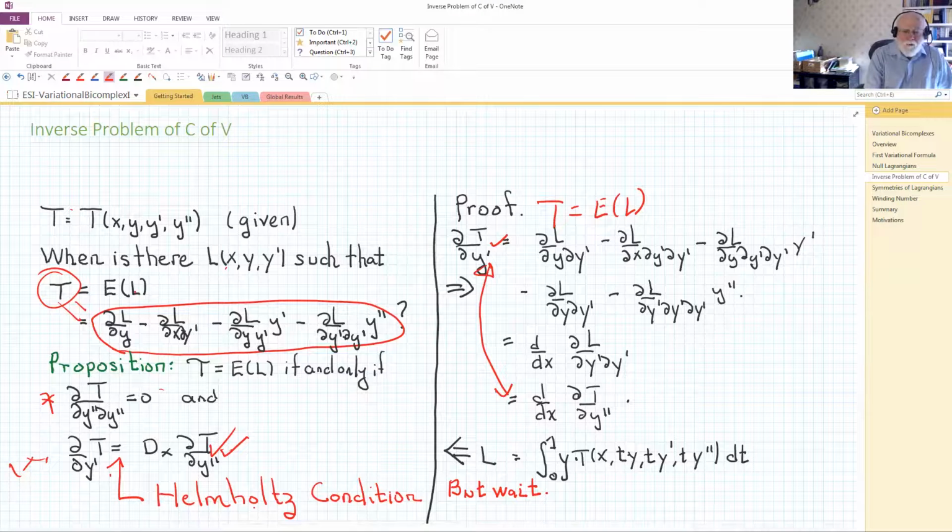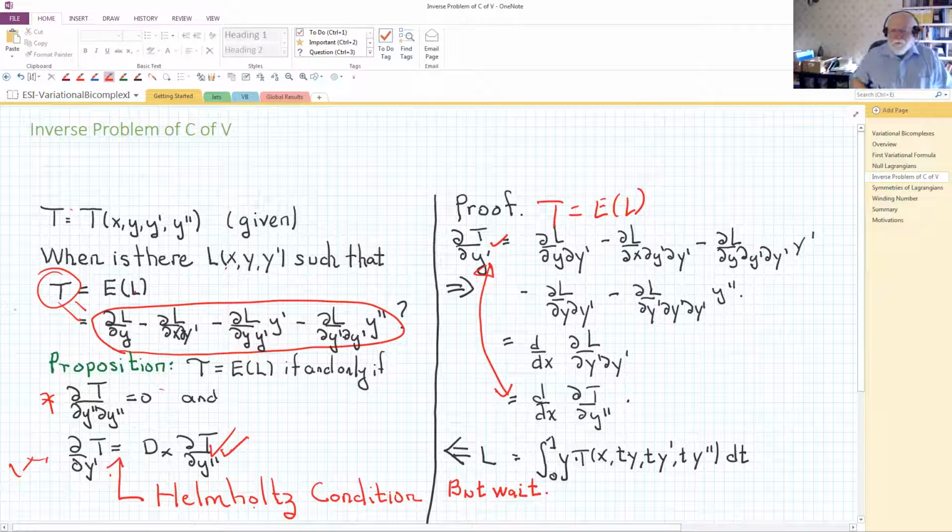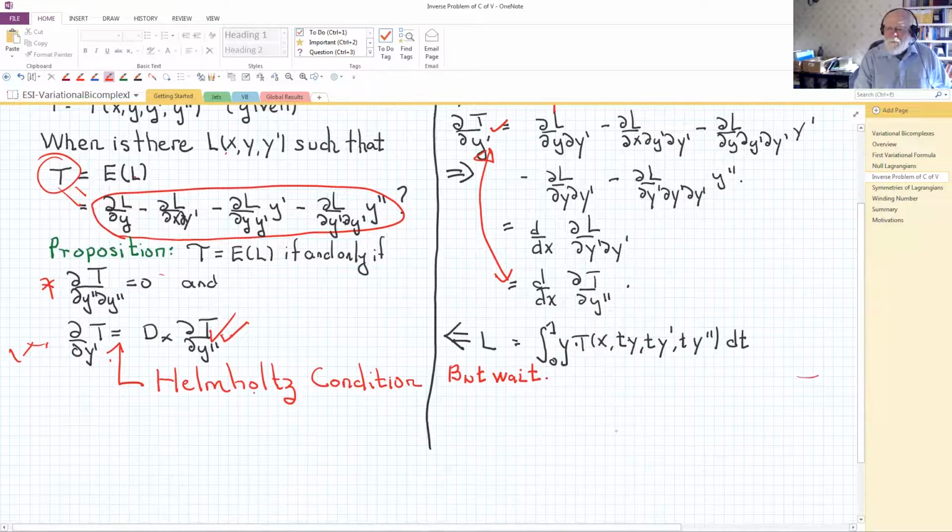So again, one can view the Helmholtz condition as sort of like the integrability conditions for this problem. Going the other way, there's a very handy shortcut due to the mathematician Weinberg. This is often called the Weinberg formula for the Lagrangian.